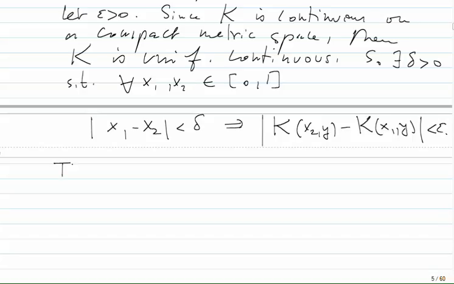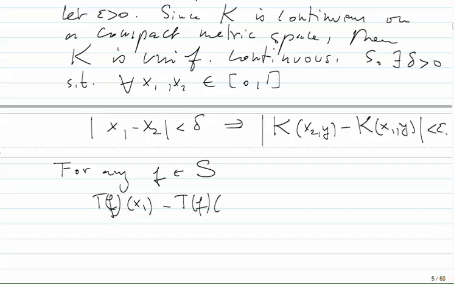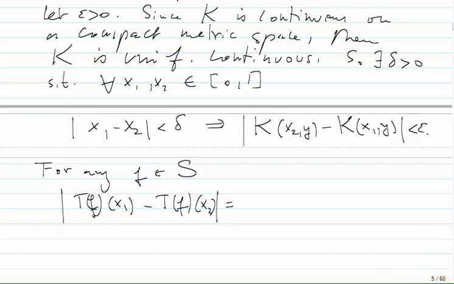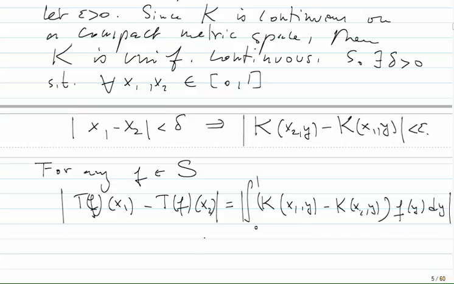That for any f in S, Tf at x1 minus Tf at x2, okay, this is equal to the absolute value of the integral from 0 to 1 of K of x1y minus K of x2y times f of y dy, which is less or equal than the norm of f times the integral of the absolute value of K of x1y minus K of x2y dy.